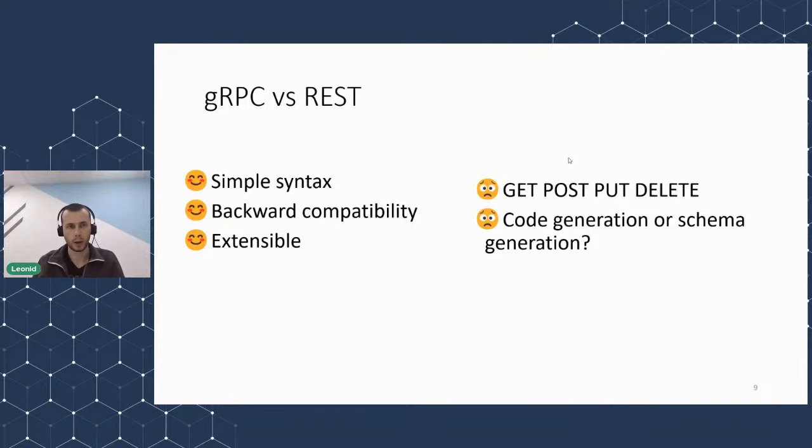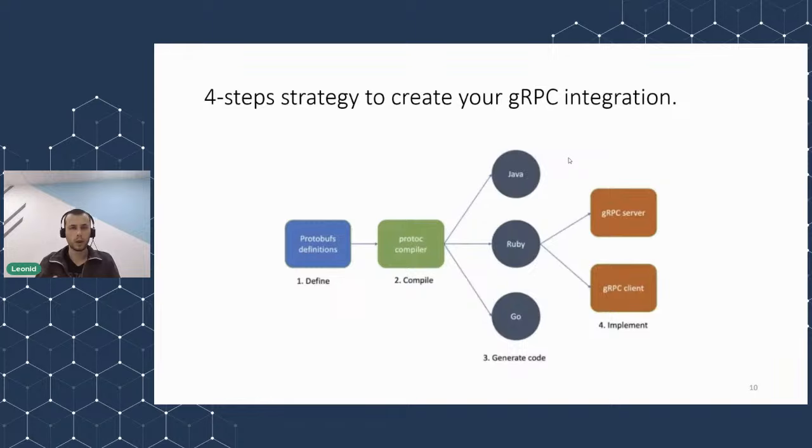But when we are talking about coding with gRPC, the flow is standardized. So there are always 4 steps to create our services. First of all, we start with defining our services with the protobuf. Then we put our proto file into the compiler, with which we generate code for our platform.